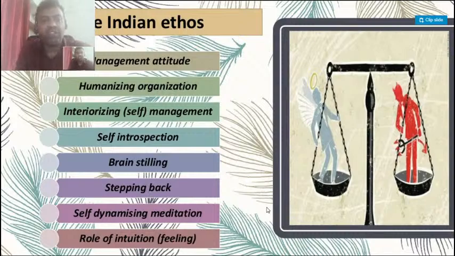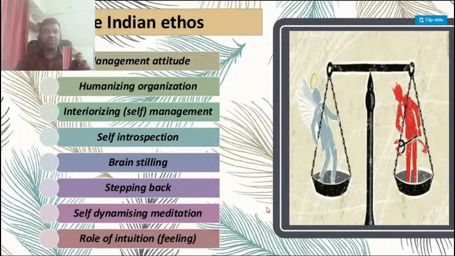Self introspection means meditating, closing your eyes, and thinking about your own actions. What is happening? Is it my mistake or what is it? So you close your eyes, you go into the past, and you think in an internal way about what is happening with you and why this is happening.